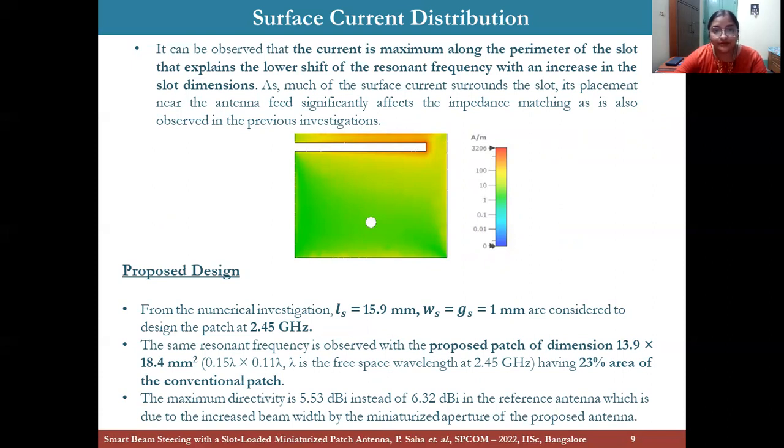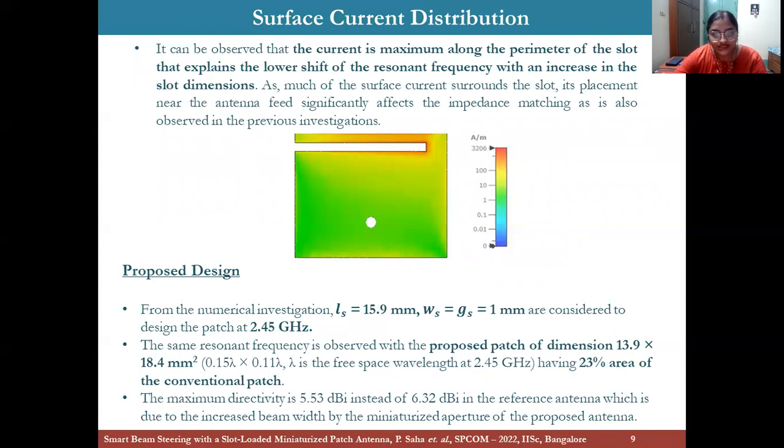Also, the impedance at the feed point is affected by placing the slot near the feed point, and it degrades the impedance matching of the patch.